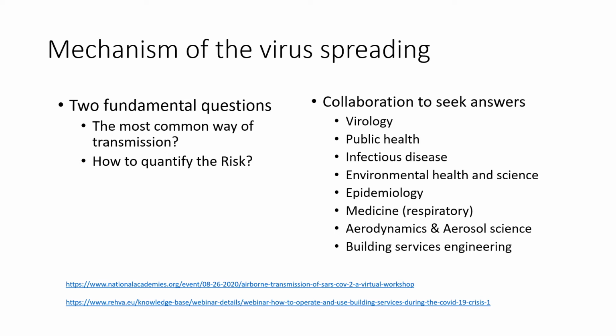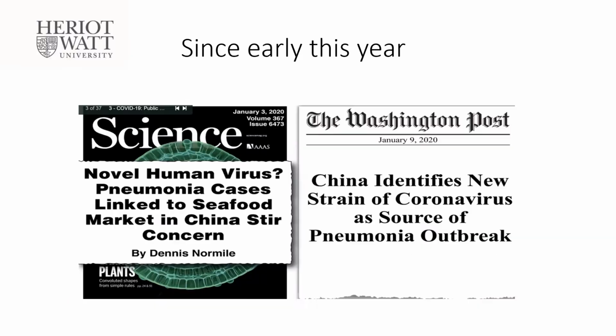To answer these two questions, we need good collaboration across multiple disciplines like virology, public health, infectious disease, mental health, environmental health and science, and many others. And for me here, as an aerodynamicist and a building service engineer, I would like to focus on room ventilation.